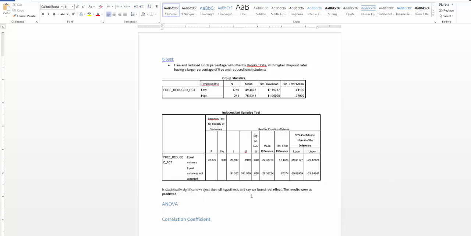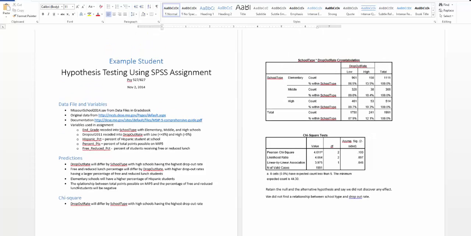The next thing we're looking for is elementary schools will have a higher percentage of Hispanic students.